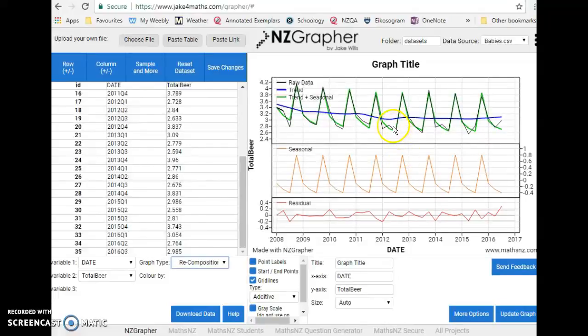I'll say that again. The green line is an addition of the blue line plus the seasonality. It's the same as the equation that I've showed you. Raw data equals trend plus seasonality plus a residual. It's that. And another word for trend plus seasonality is the model. We're trying to model at least the black line.